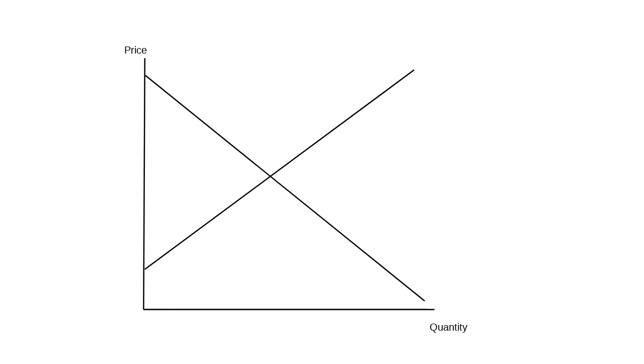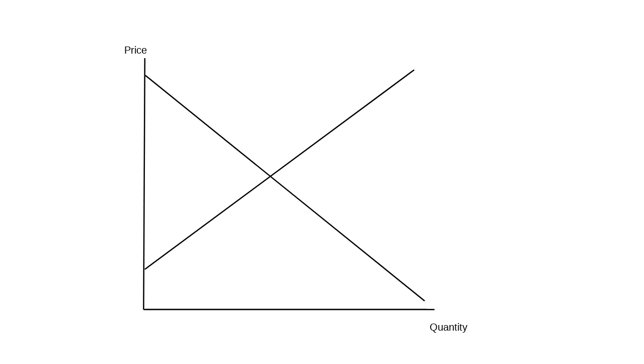Whenever you're solving a question like this, you should always start by drawing a graph. So let's do that. All right, let's label this price. Here we have quantity. Here we have a supply curve and a demand curve.